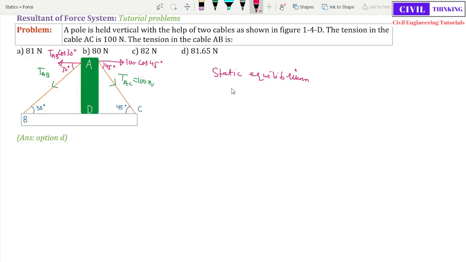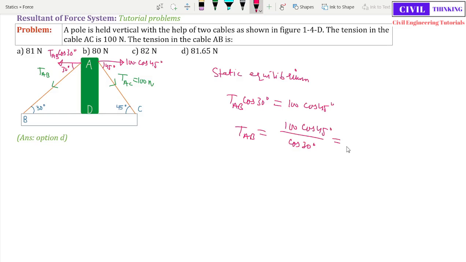So for static equilibrium, TAB cos 30 degrees has to be equal to 100 cos 45 degrees. From here we can find the value of TAB to be 100 cos 45 degrees divided by cos 30 degrees.